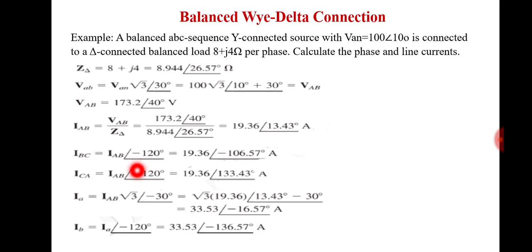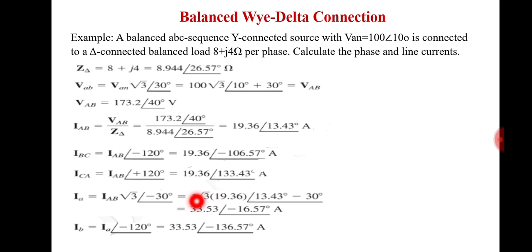Now IA is equal to IAB root 3 with angle minus 30. So put the value, IAB √3, bracket 19.36 with angle 13.43 minus 30, summation of angle. So the value becomes 33.53 with angle minus 16.57.